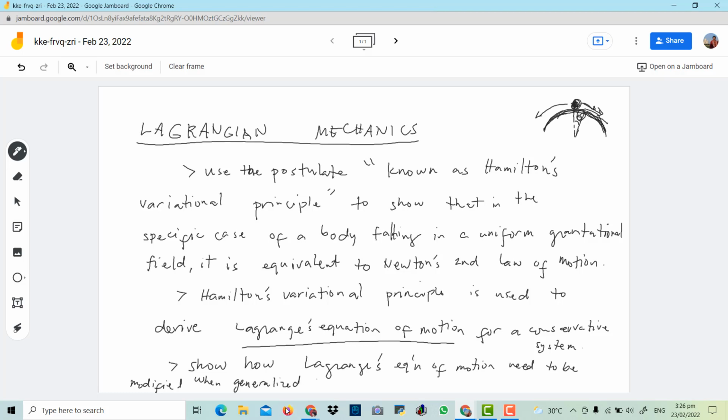We will just discuss it later. Forces of constraints are a consideration.